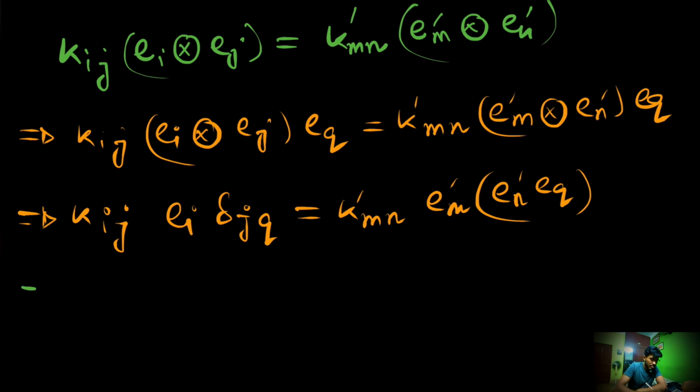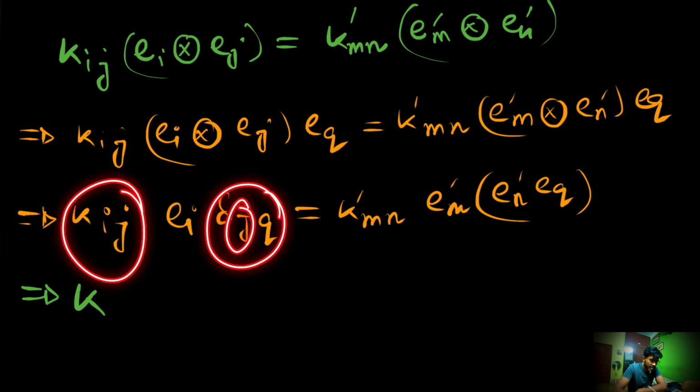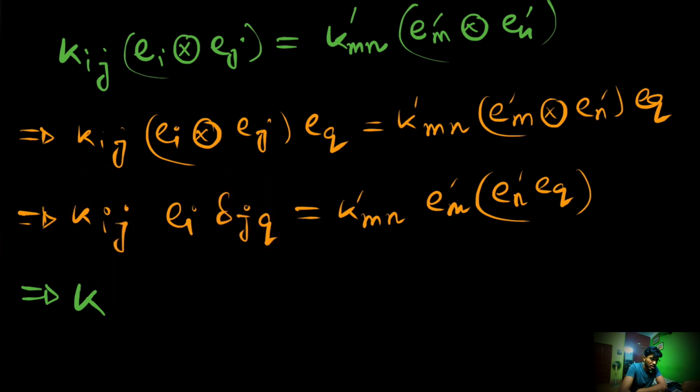Now here I have this delta Jq, and I have here Kij, so this j and this j are common, so then I will write here Kiq. And what is the mathematics behind that? Delta Jq is equal to 1 when j equals q, so I have to replace this j as well as this j also.